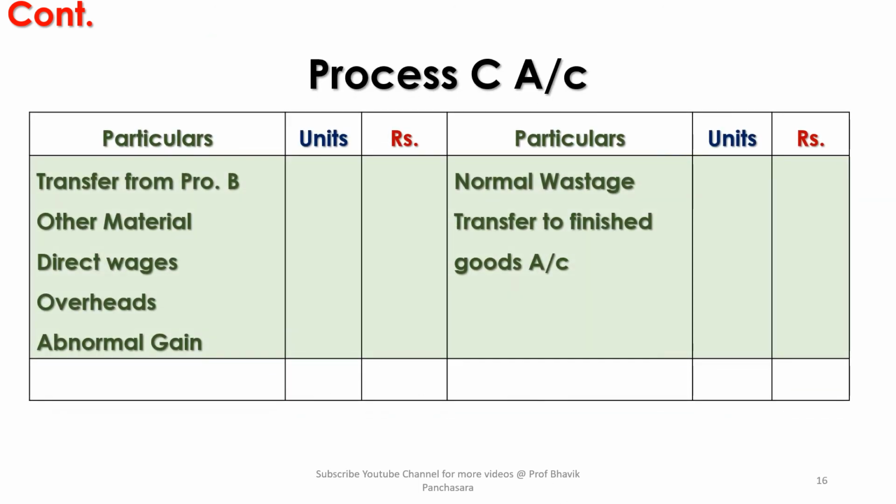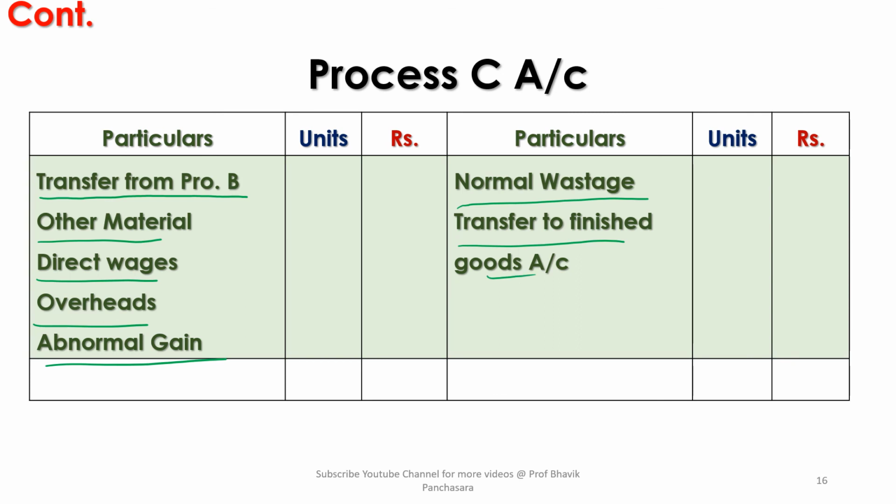So friends, we are going to prepare the process C account. First we will put the information in particulars. So here on the debit side: transfer from process B, other materials, direct wages, overheads and abnormal gain. Whereas on the credit side we will put normal wastage and transfer to finished goods account.